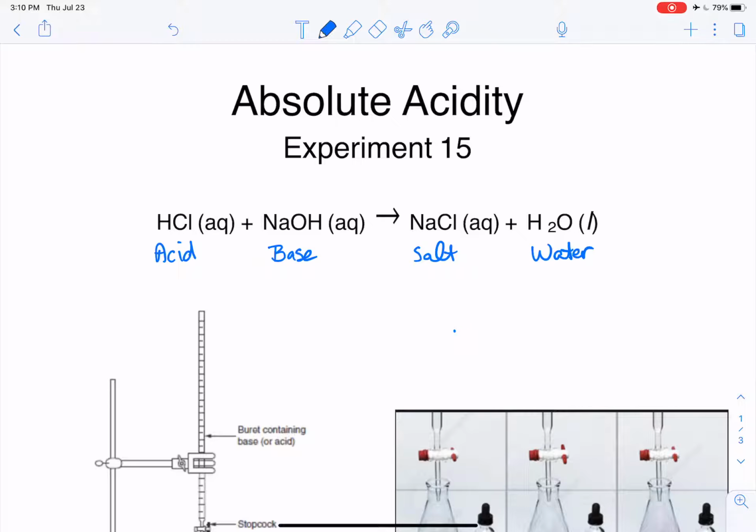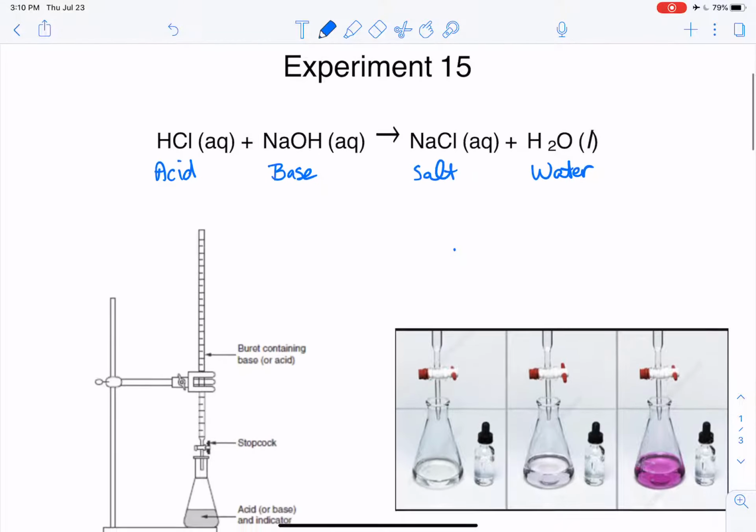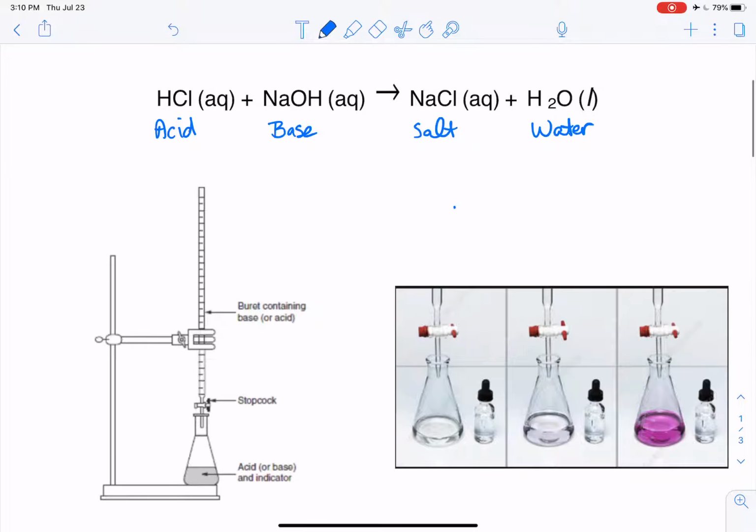Okay. So what's going to happen is we are going to try to figure out the concentration of some substance where we don't know the concentration by using another substance that we can react with it and we know the concentration of that substance.